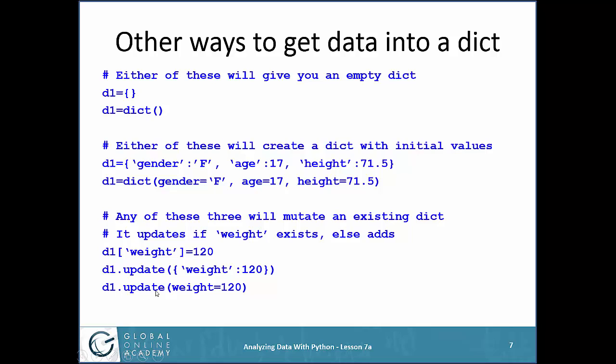And this third one also does exactly the same thing. D1.update and pass it in the parameter weight equals 120. This will check to see if there is a key that's called quote weight quote. Change its value to 120. And if there isn't, add it. So 3 different ways that you could modify an existing dictionary.